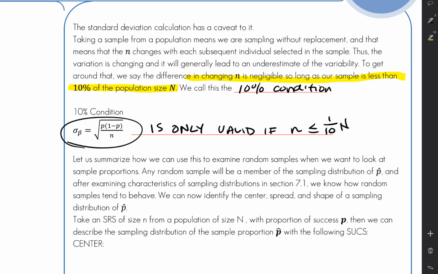I don't care how you write it. It doesn't matter. You'll see me write it a bunch of different ways. But basically, we can say that if little n is less than 10% of big N, then we can go ahead and use this calculation. Okay?